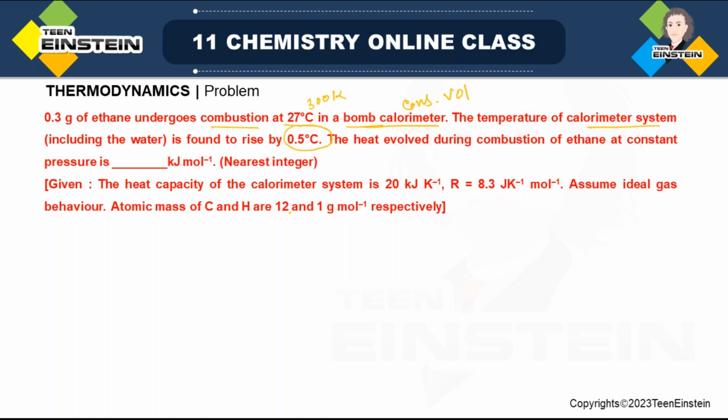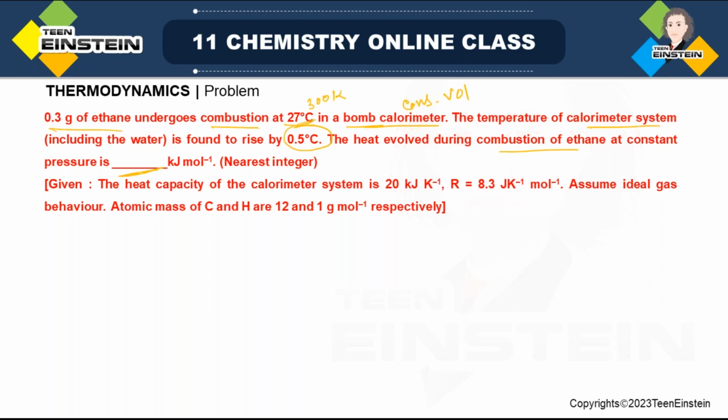The increase in temperature is 0.5, and the reaction, that is the combustion of ethane with oxygen, C2H6, is happening at 300 Kelvin, but the increase in temperature of the calorimeter is 0.5 degrees centigrade. The heat evolved during this reaction, that is combustion of ethane, at constant pressure you have to find.